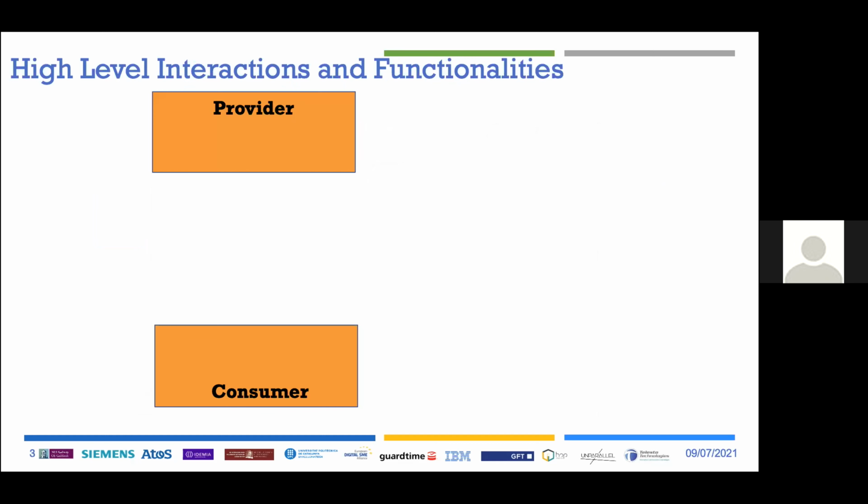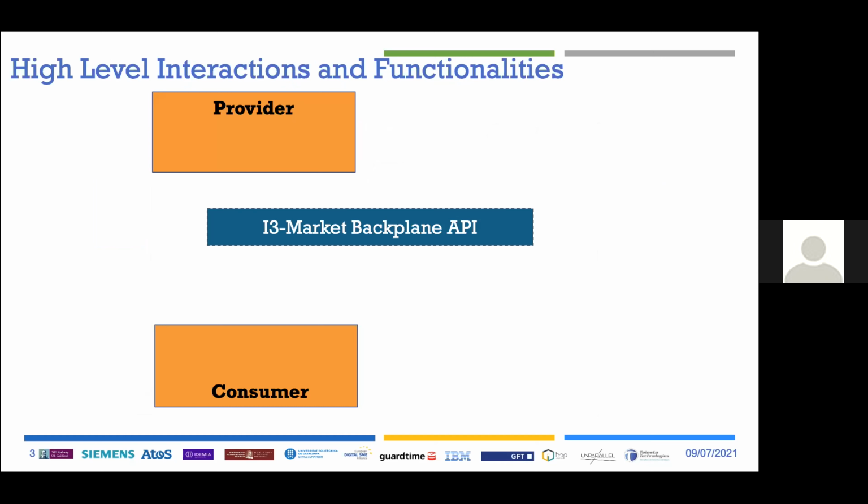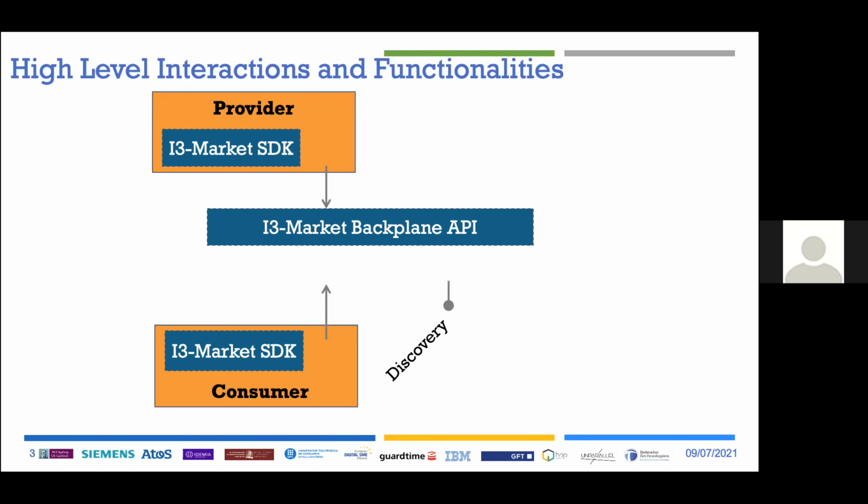Here are the high level interaction and the functionality. In the I3 market, there are two kinds of persons: one is a provider and the other one is a consumer. In the I3 market backplane, we have the Semantic Engine integrated with the backplane API.